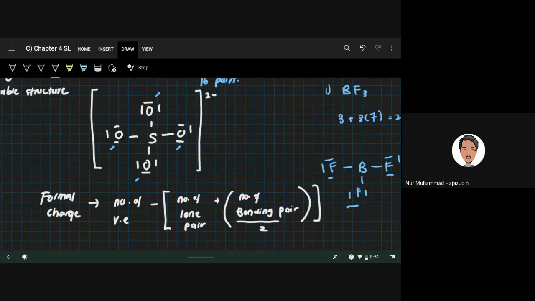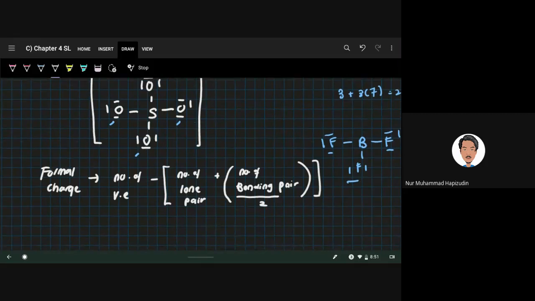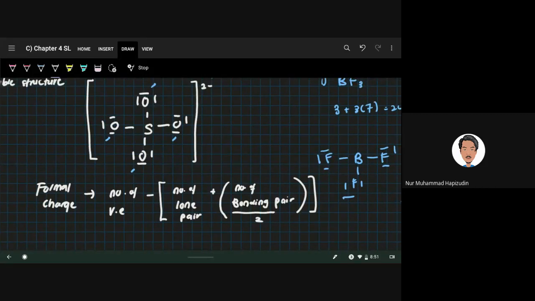Okay, so you have to calculate every atom's formal charge by using this formula. Saya tunjuk satu contoh. Oxygen 1, oxygen 2, 3, 4 and sulfur 1 lah. Calculate the formal charge for oxygen 1. Ni formula kalau kamu tengok dalam reference book nampak panjang tapi sebenarnya simple je. Saya ajar cara dia mudah.